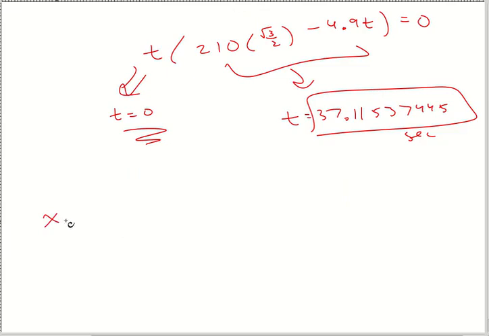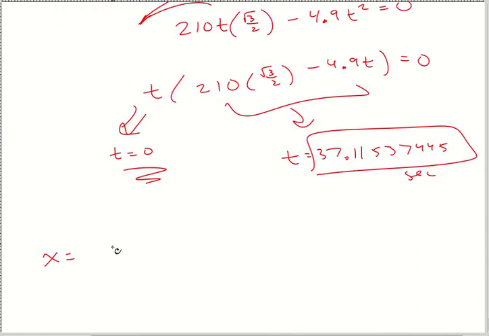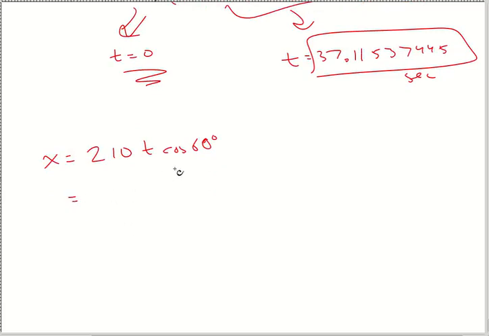So then what's my x over there? What's my x value here is what they're actually wanting. If this was 0, and then over here, what's that distance? Well, it'll just be the x value. So x is equal to what? Well, 210 t cosine of 60. That's going to be a half, by the way. Well, we know what t is, so I can put that in now.